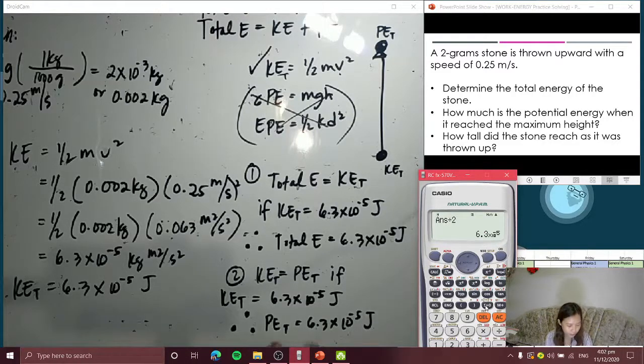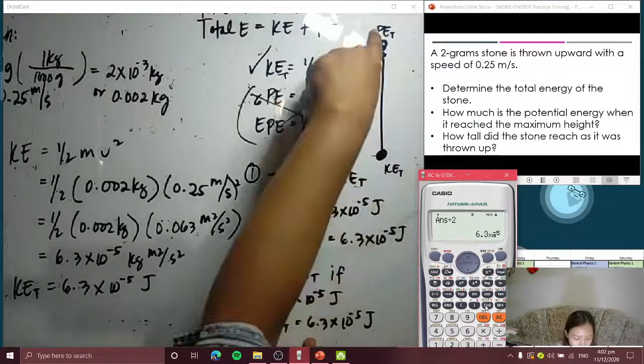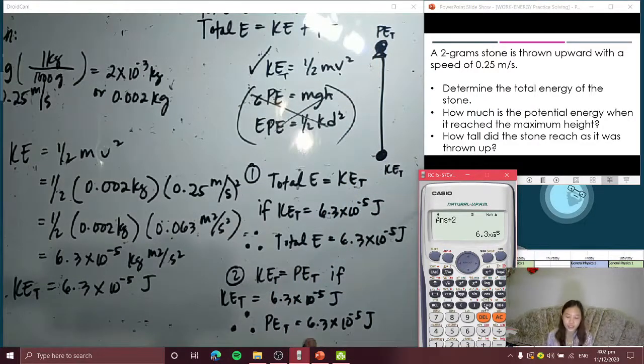So it is still the same. That is why we are now referring to the total. Meaning the total energy is the same with the total KE, and also the same with the total PE.